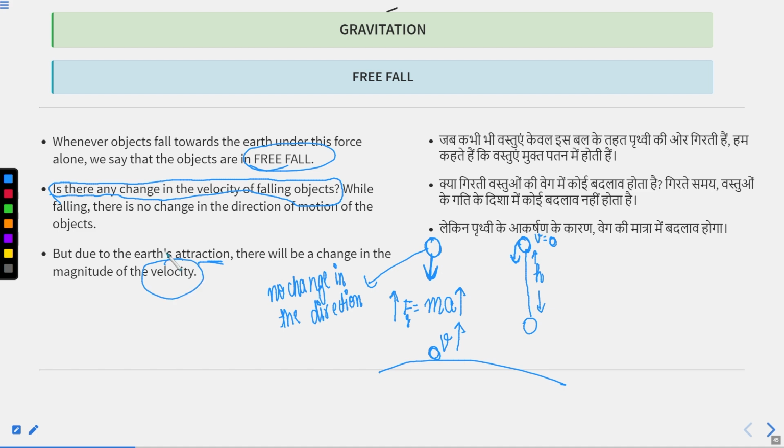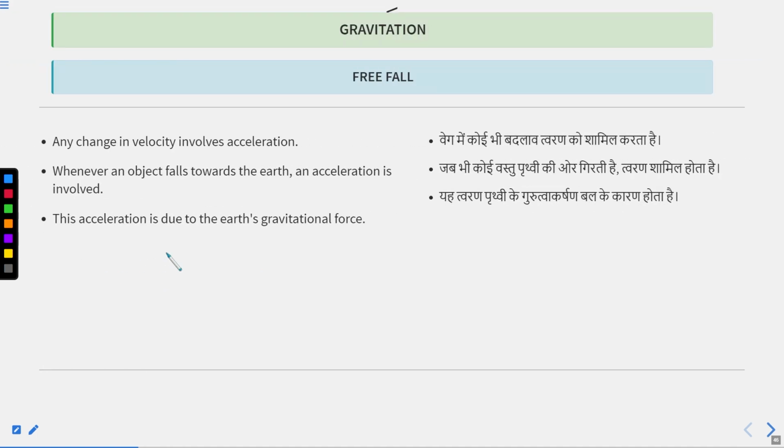Clear, class? Any change in the velocity involves acceleration. As I told you, this is our ball and this is our earth. Gravitational force is pulling this object towards Earth, and we know that force is mass into acceleration.